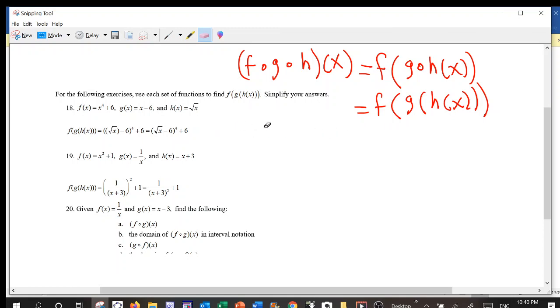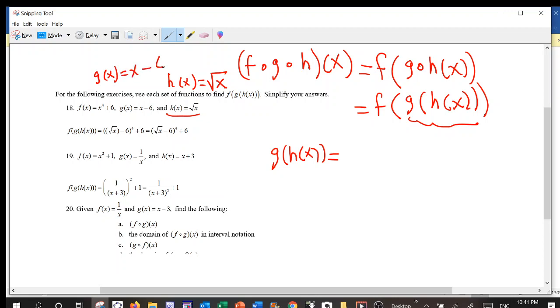So that means first we have to start from here. We have to put h of x in g and then see what we get, and then put that in f, right? So let's find the inside here first. So what is g of h of x? Well, what is h of x? H of x is square root of x. And then g of x is just x minus 6.